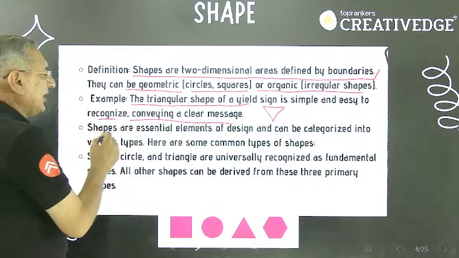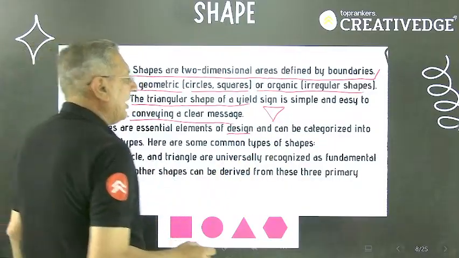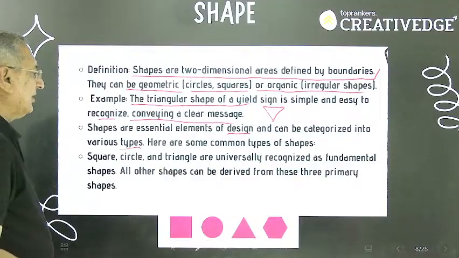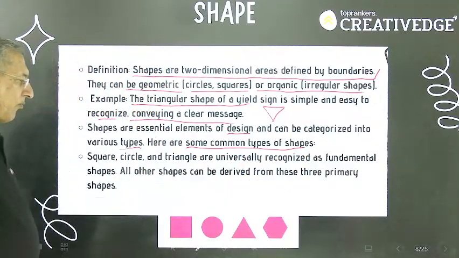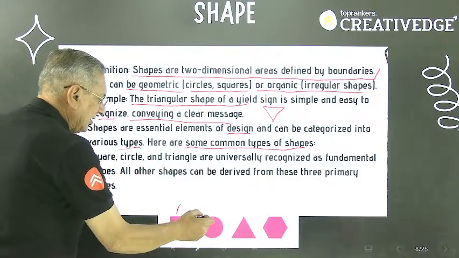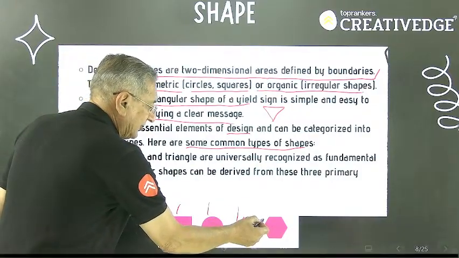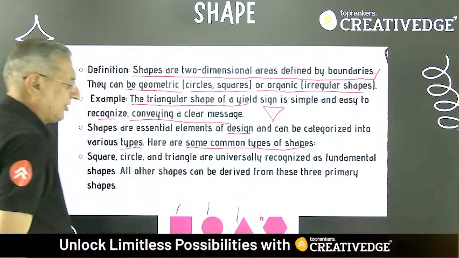Shapes are essential elements of design and can be categorized into various types. Here are some of the common types of shapes. So primary shapes: square, circle, triangle, and this is not a primary shape but a complex shape, hexagonal.